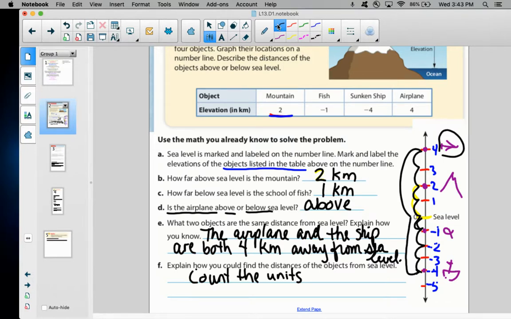Okay? Count the units above or below 0. Okay. So let's continue this conversation.